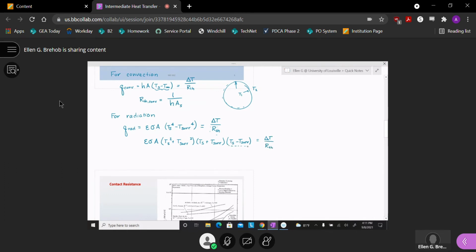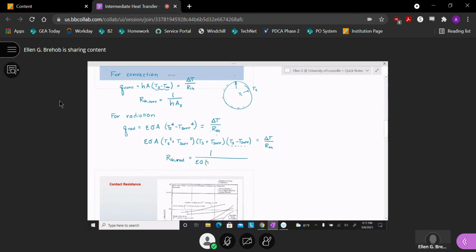okay, well, there's my delta T. So the thermal resistance element looks like everything else in this equation. All right, and I'm going to put the A at the end.